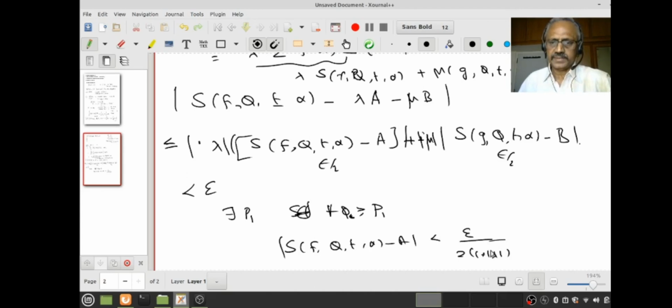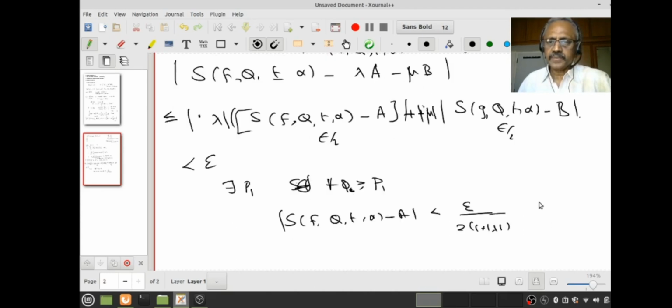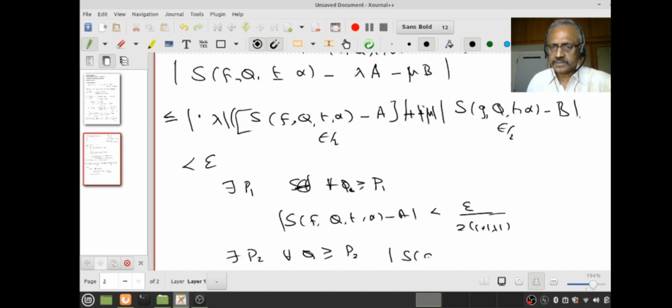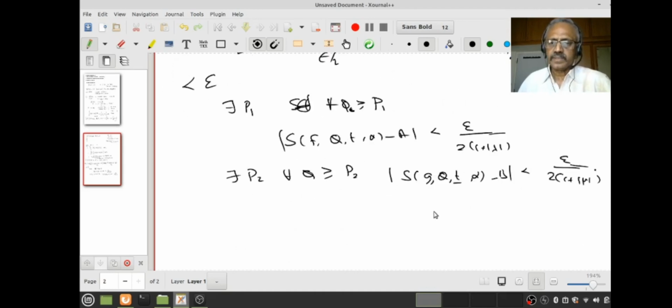I'm just writing it. You follow that? And similarly there is a p2, so that for every partition q finer than p2, |S(g, q, t, alpha) minus b| is less than epsilon by 2 times (1 plus |mu|). Do you agree with that?